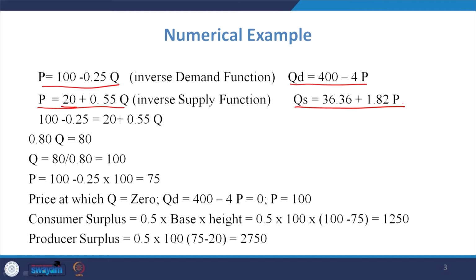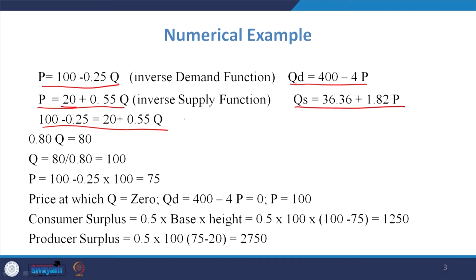Either you can take the price functions, or you can take the demand function and supply function to calculate the equilibrium level of price.